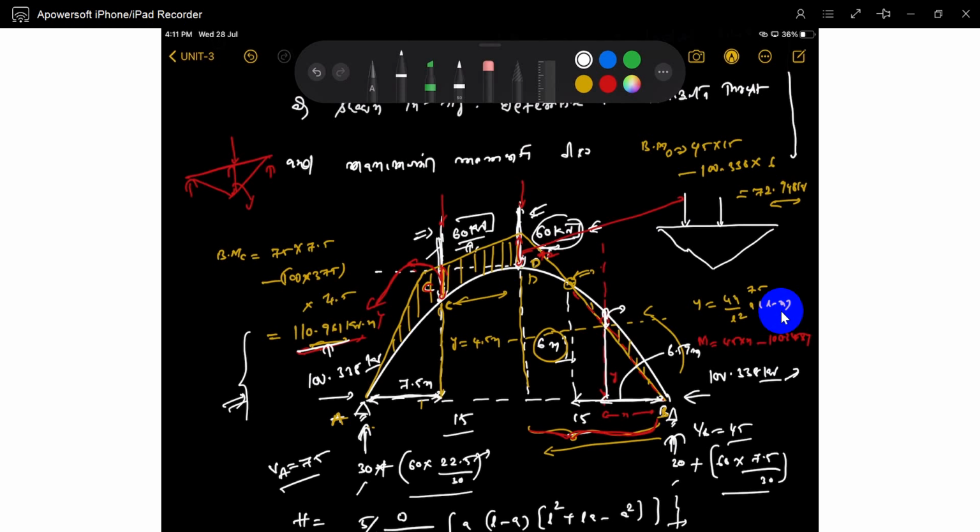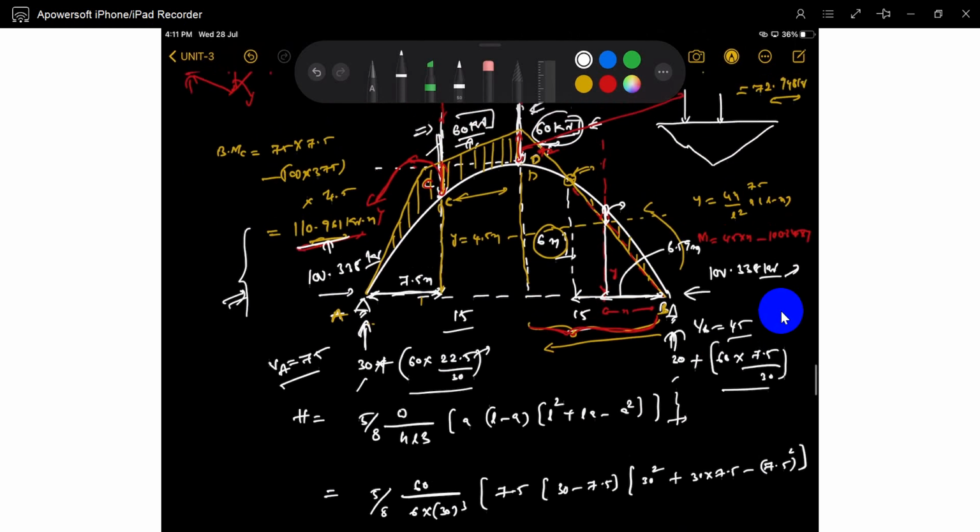So you have to design a cross section with the capacity to withstand a moment of 116 point something, not 110. The negative moment is much more than the positive moment, so you design for the maximum value, either positive or negative. That's it.